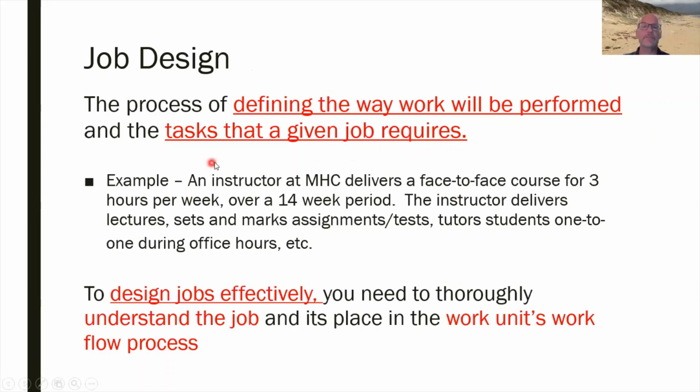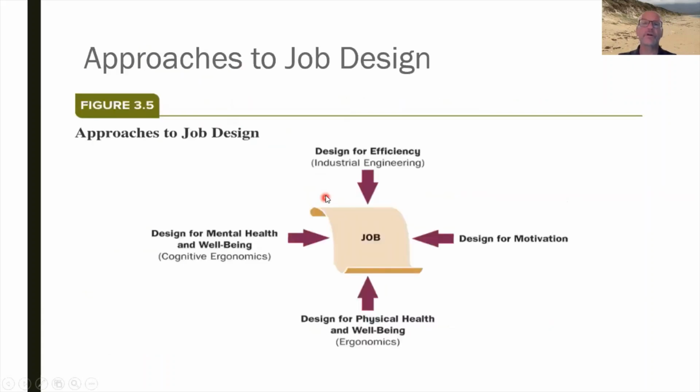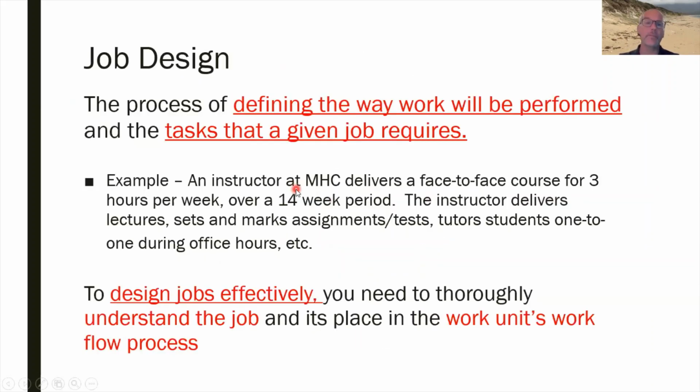So, a simple example here: an instructor at Medicine Hat College delivers a face-to-face course for 3 hours per week over a 14-week period. The instructor delivers lectures, sets and marks assignments and tests, tutors students one-on-one during office hours, etc. So that's the process of figuring out all the work that needs to get done in order to teach a student a course and cobble it into a job.